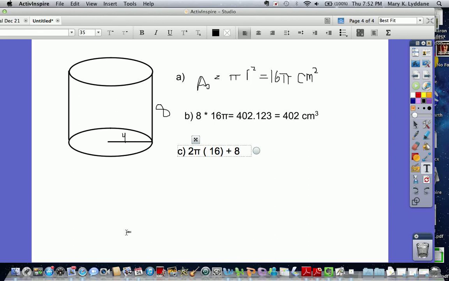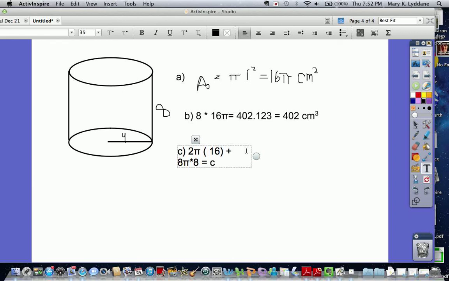So that would be 8 times pi. And then we want to multiply again times the height, which is 8. And so when we multiply that all together, our final answer is going to be 302 centimeters squared.